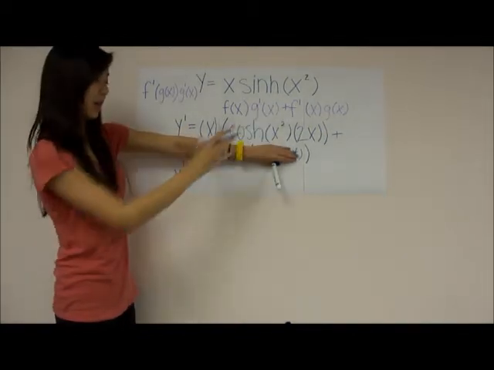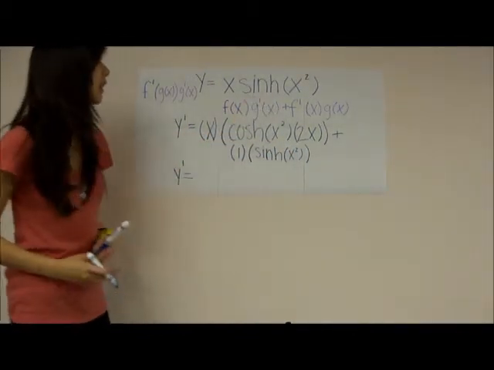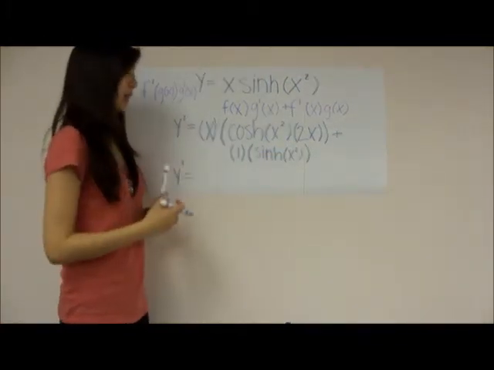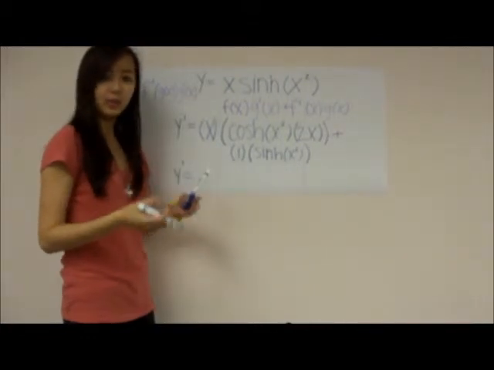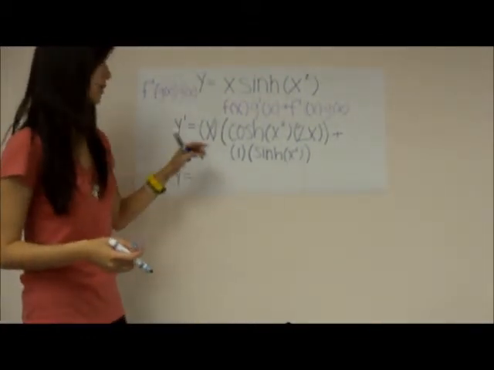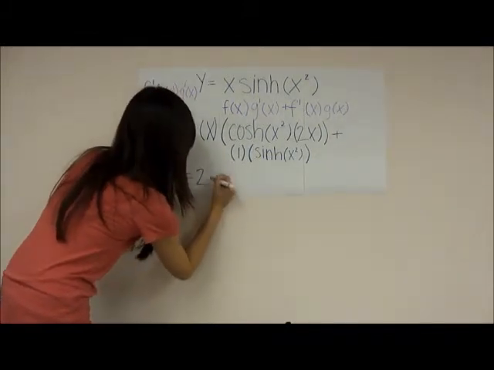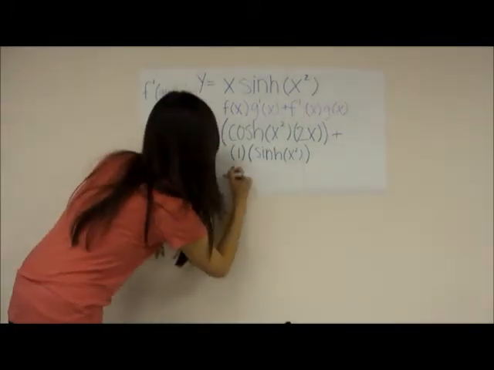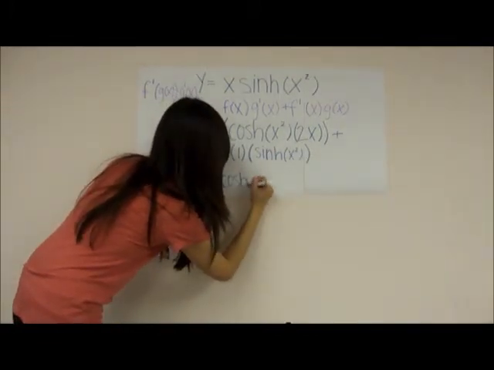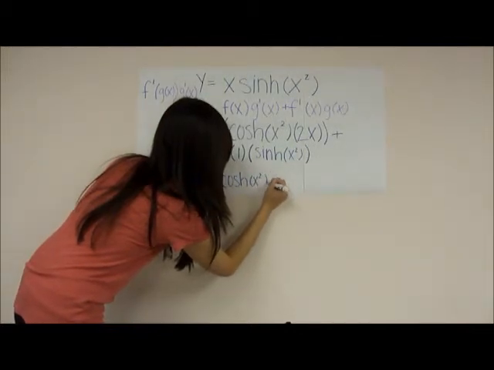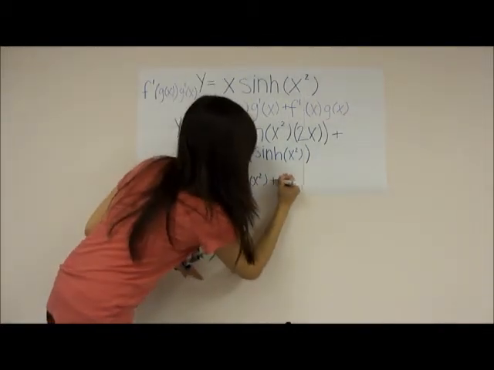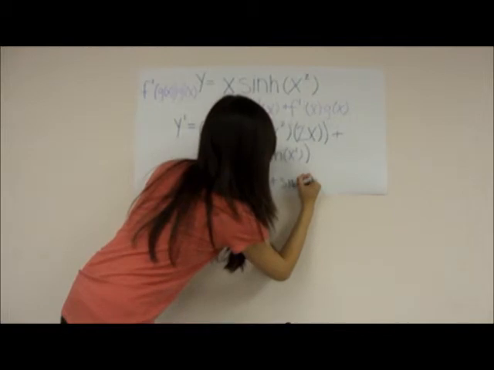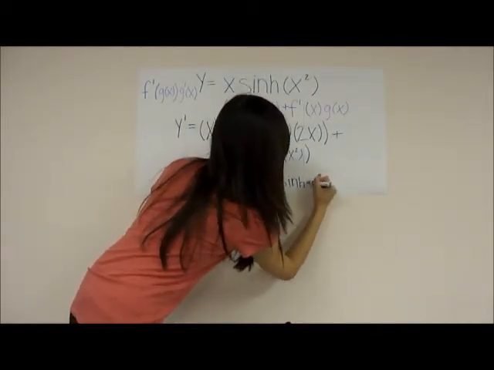So just looking at the first part, the f of x times g prime of x, we can multiply the 2x and x together, and since we're multiplying variables, we just add the exponents, so we'll have 2x squared times hyperbolic cosine of x squared, and then plus, and now anything times 1 is just itself, so this is hyperbolic sine of x squared.